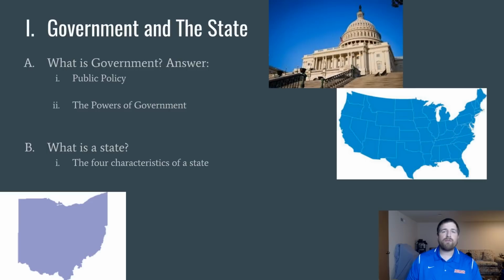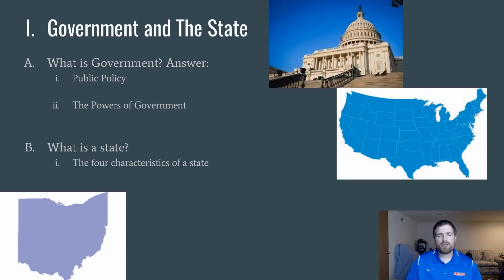In other words, if we have a defined territory, if there are people that live within that territory, and if they have the ability to make and enforce their own laws, we consider that to be a state. So the United States is a state because it checks all of those boxes. Ohio is also a state because it once again checks all of those boxes.